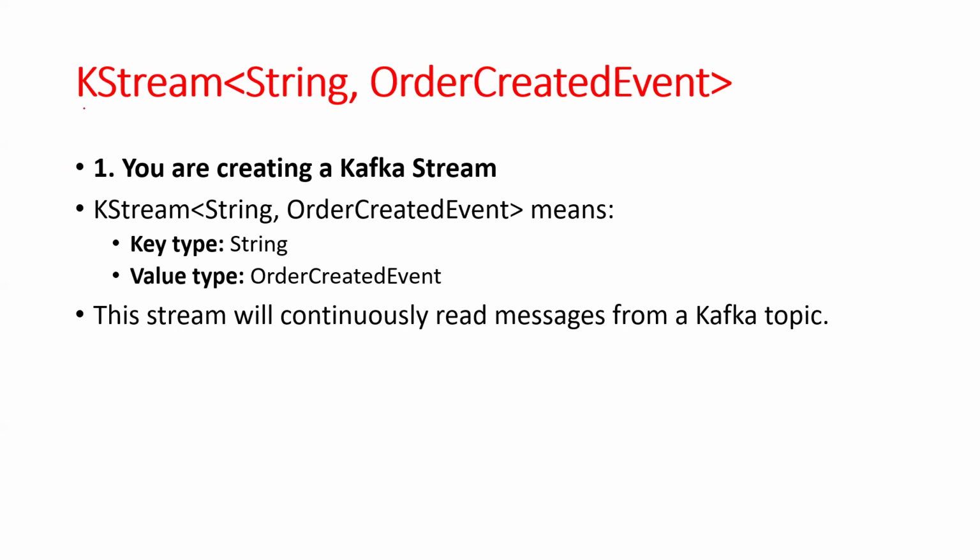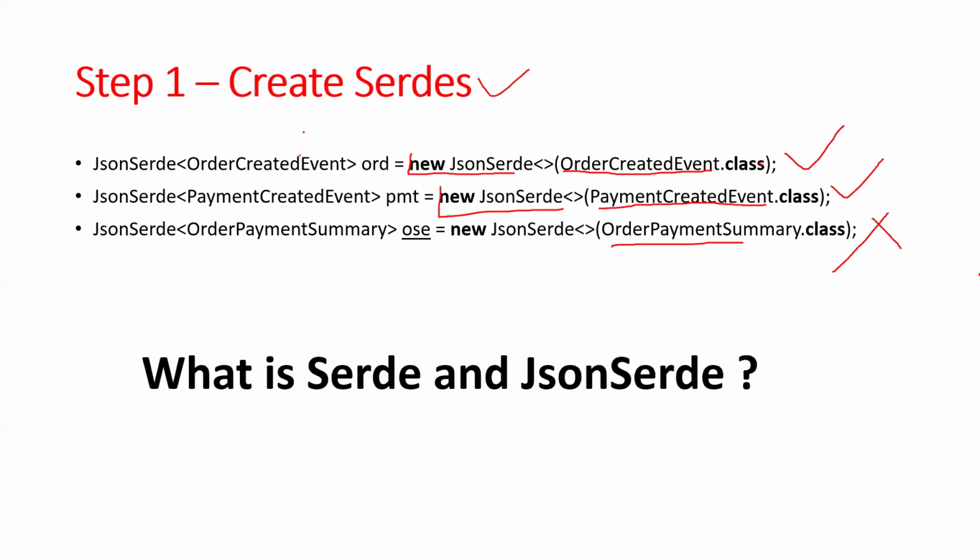So we are creating the stream object using KStream. Now the key type is a String data type and the value is your object here. So what it will do, the stream will continuously read messages from the Kafka topic here. This is the concept behind the KStream object here. Now the first step is creating which object you are consuming.